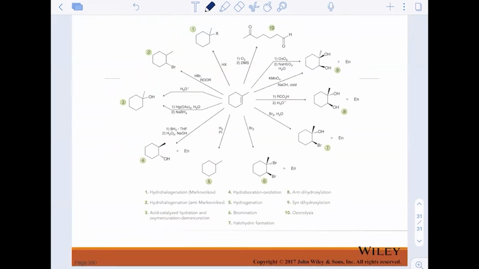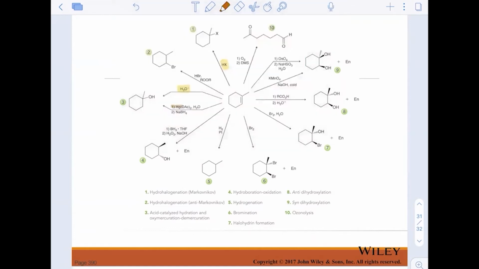I like this spider diagram idea, we'll practice with it in class together, but these are all the reactions that we just learned. A lot of them we had mechanisms for. I want to go through that. The addition of HX, Markovnikov addition, when we add H3O plus, those two are the Markovnikov additions where we see carbocation intermediates.